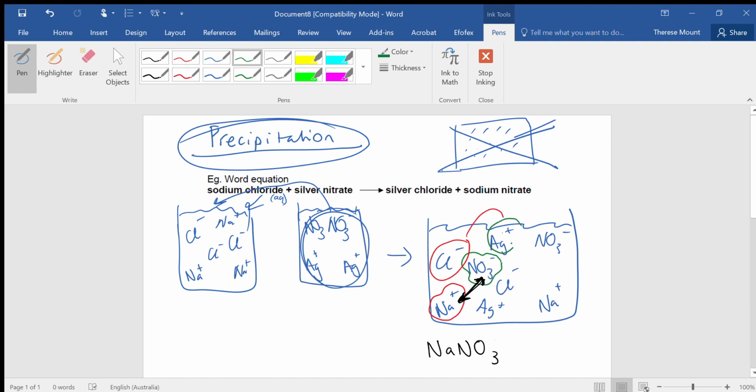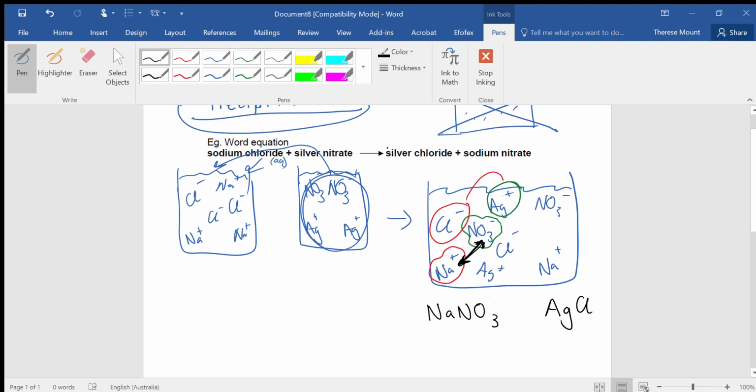So the chloride might look at the silver and think, well, you're positive and I'm negative, we might work out as well. So this could be another combination that occurs. So what I've written here is exactly what I've got written here. Silver chloride, that's my other possible combination, and my sodium nitrate.